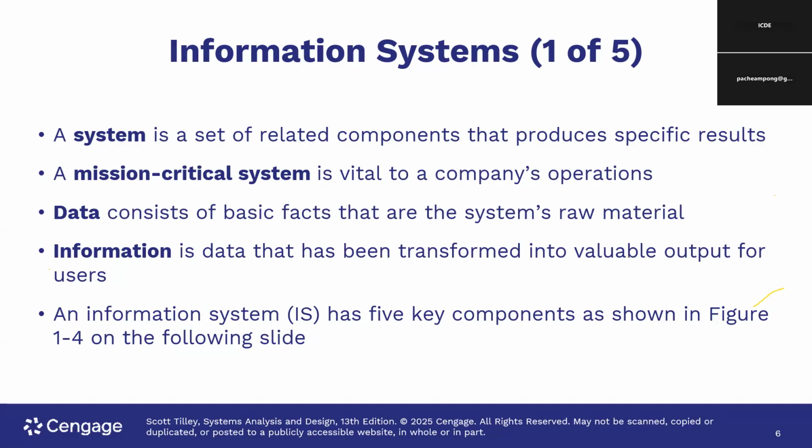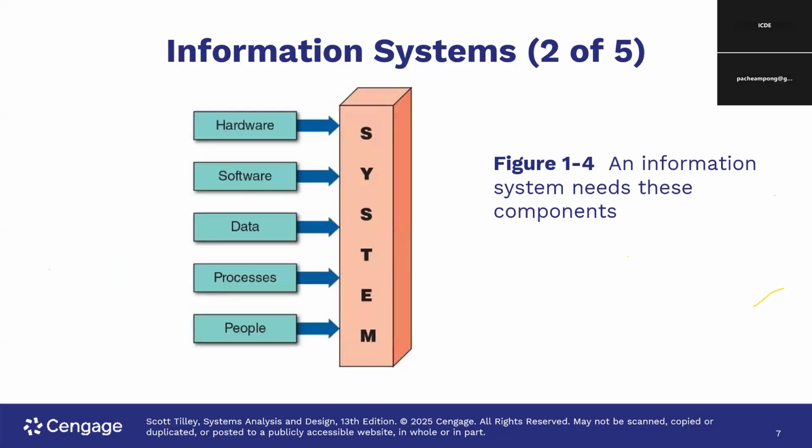I'm sure you already know what data is. It consists of basic facts that are the system's raw material. Information, on the other hand, is data that has been transformed into valuable output for users. An information system has 5 key components, which we are going to look at in the next slide: hardware, software, data, processes, and people.